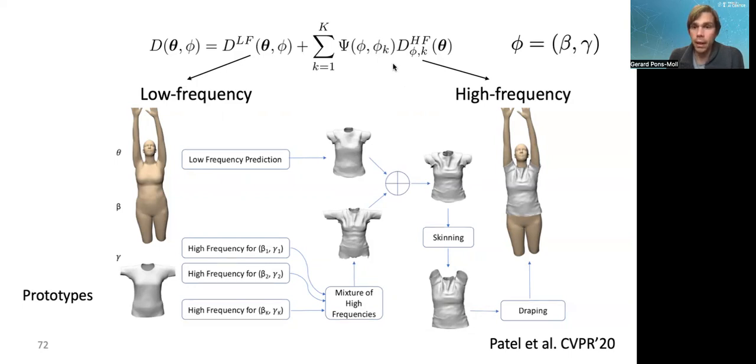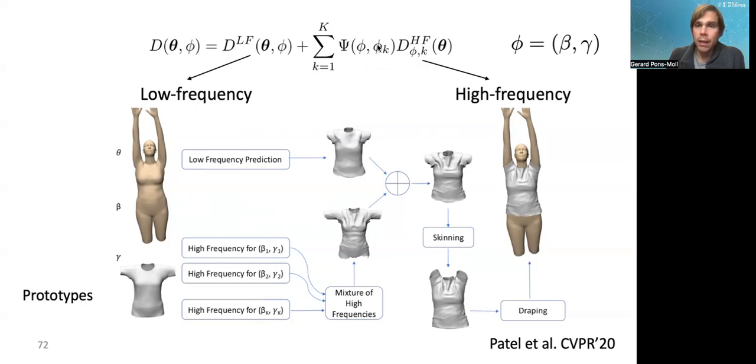A mixture model is linearly combining the predictions of different shape style models. So we're going to have a series of prototypes, one for every shape style prototype. One prototype is a pair of shape and garment style parameters, and we're going to have k prototypes.